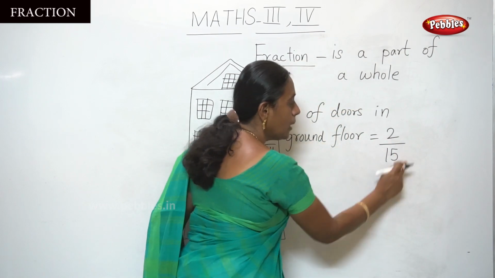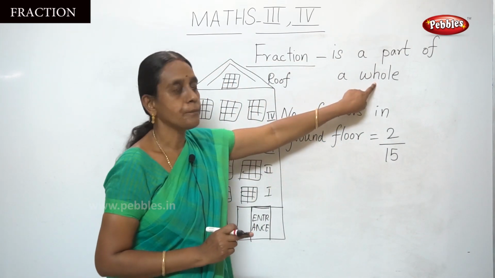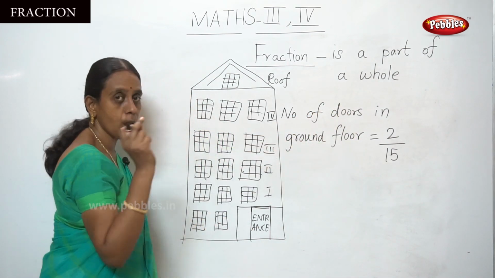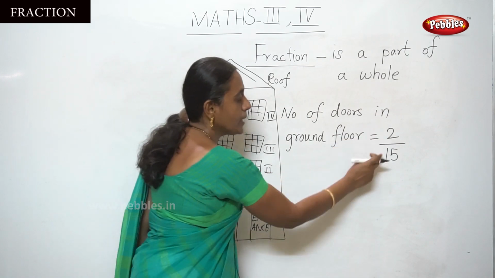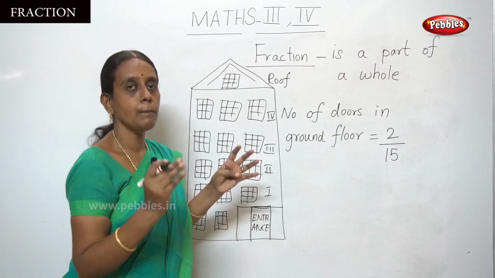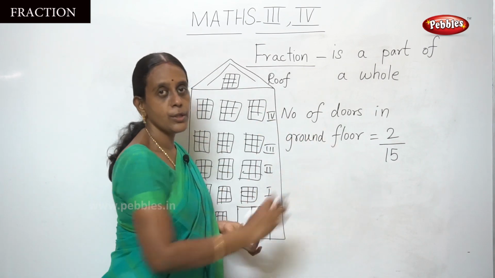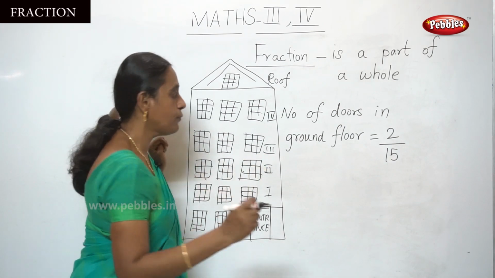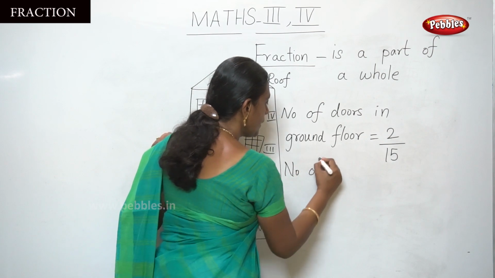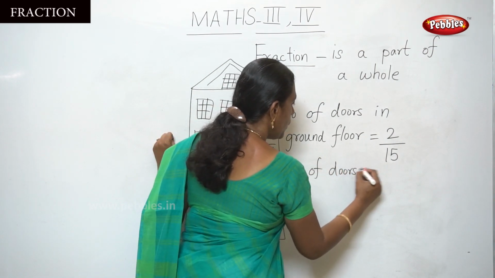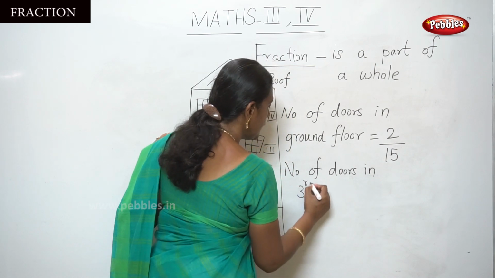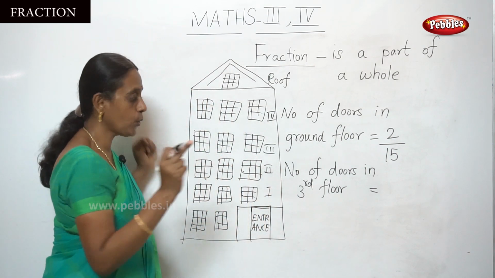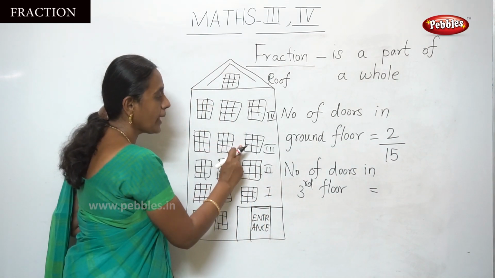This is the total portion, which is called the whole. The number of doors in the ground floor means you have to count the doors in the ground floor, and this 15 represents the whole part, the total number of doors. Similarly, the number of doors in the third floor: here on the third floor you count the doors, that is 1, 2 and 3.